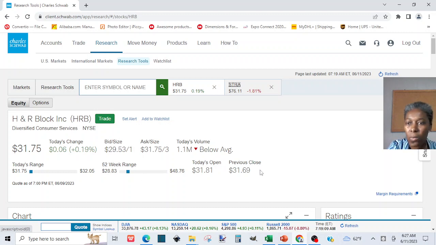So that's something to consider, but usually I don't try to know the company's cycle to invest in it.